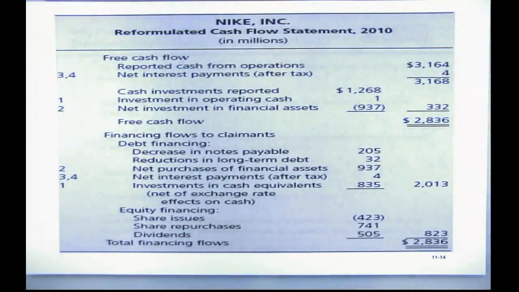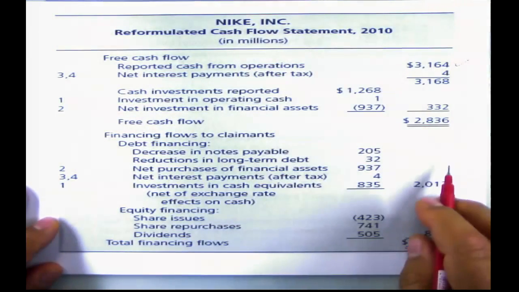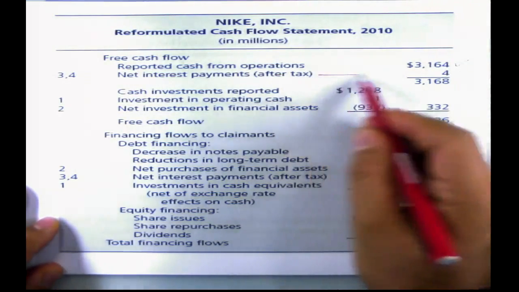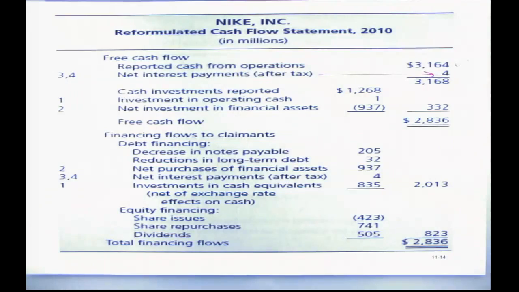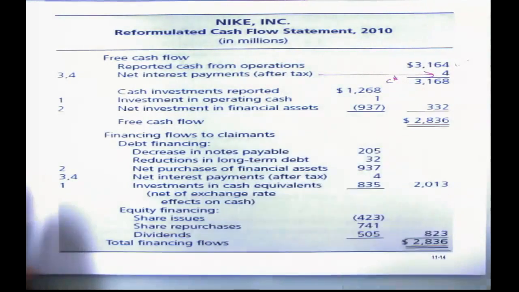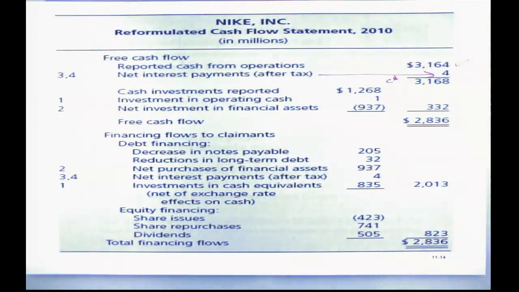So this is how we do it for our beloved company, Nike. So this is the reported C. We add back the after-tax net interest paid. So this gives us the adjusted C. So this is C star adjusted, the adjusted cash flow from operations.